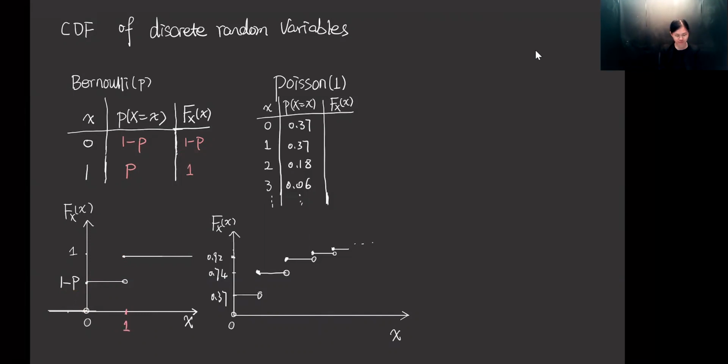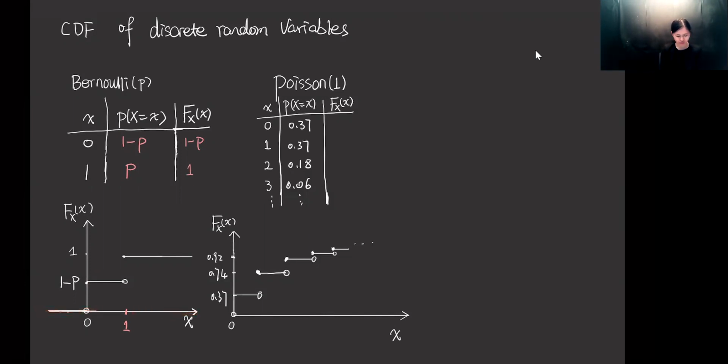As we just talked about, we usually define the CDF as a function that maps the whole real line, not only the support points of the X random variable, to 0, 1. So we also need to complete the CDF function for the other points on the real line.